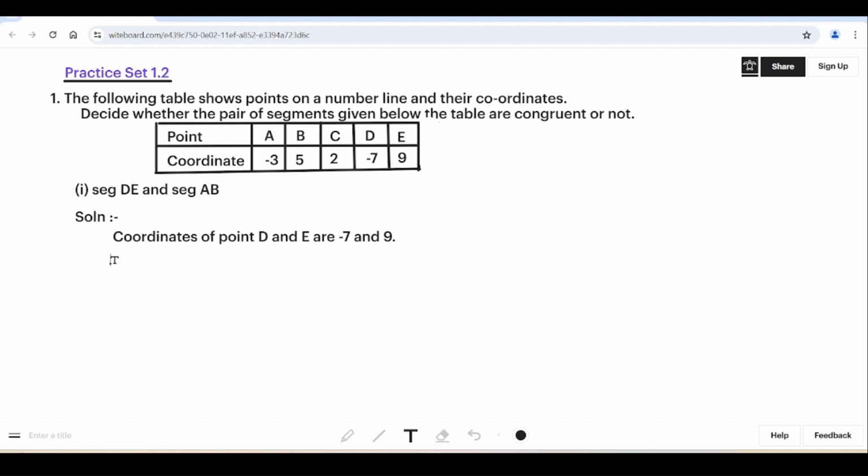Now, which is greater? 9 is greater than -7. Therefore, how can we calculate the distance DE?